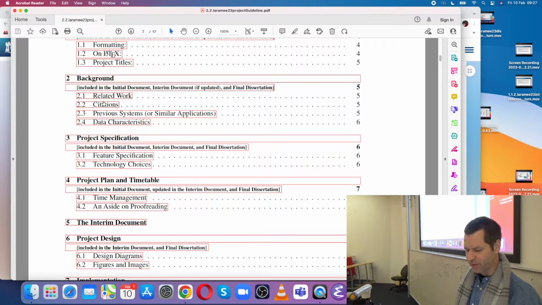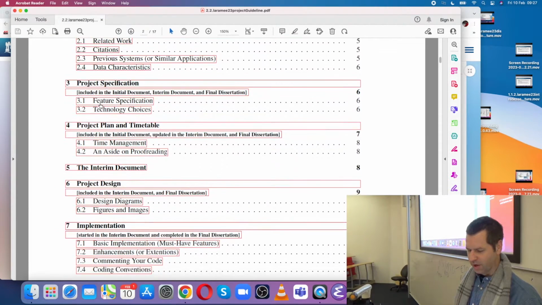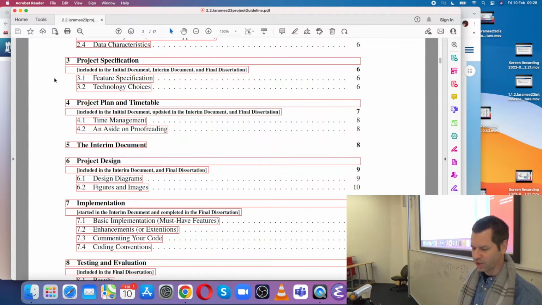There's a little paragraph about citations right here. Then you have a project specification section, right, included in the initial document. You have a feature specification, and then a technology choices section, and so on.